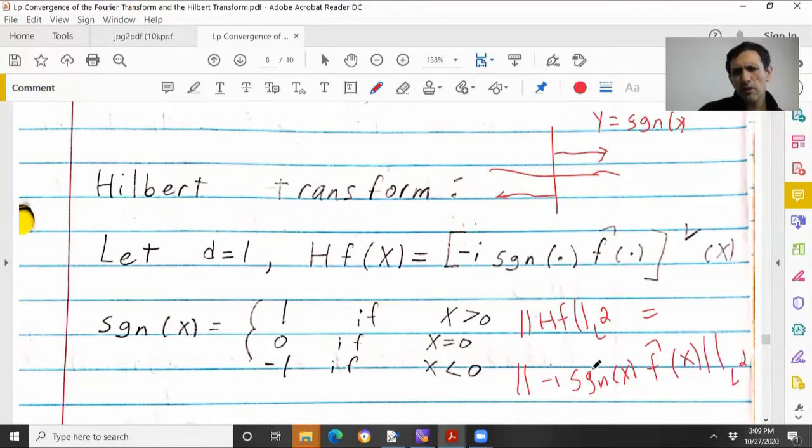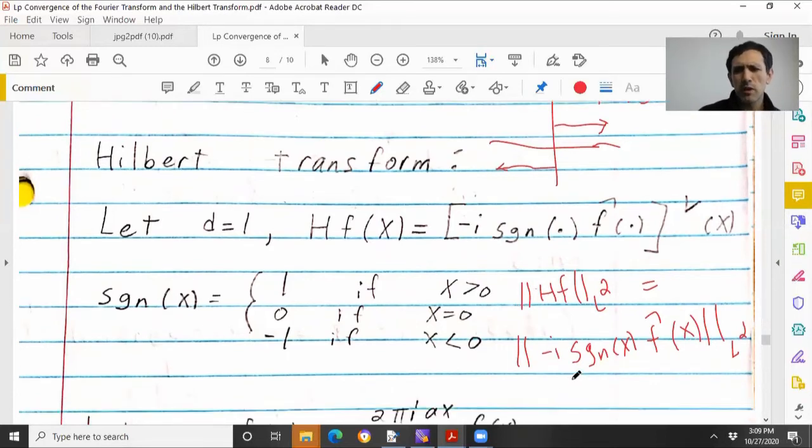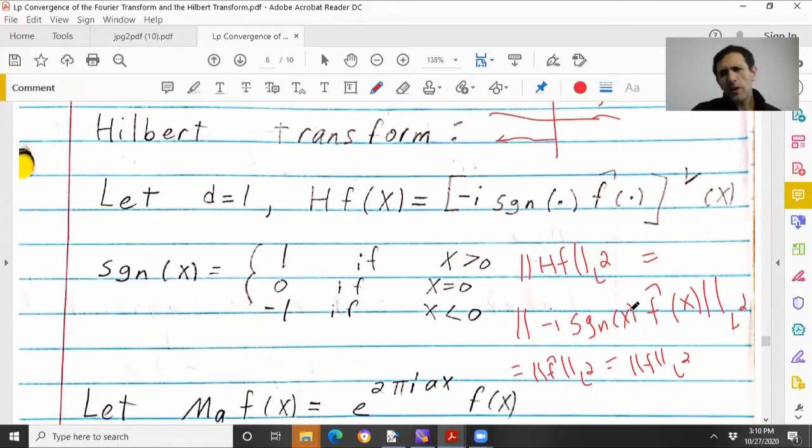Well, this is 1 almost everywhere in modulus, except for 0. So this is the Fourier transform of L2. All right, so lo and behold, this is an isometry on L2. All right. Okay, so in particular, it's certainly well defined, no issue, a fairly nice operator on L2.